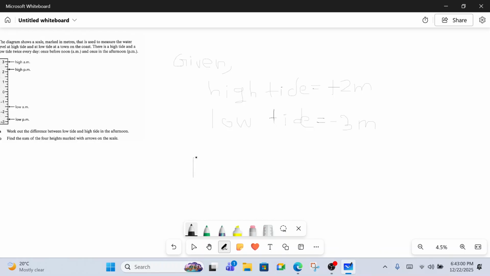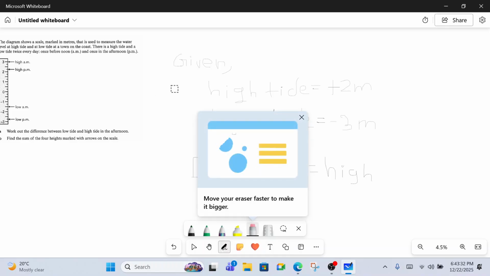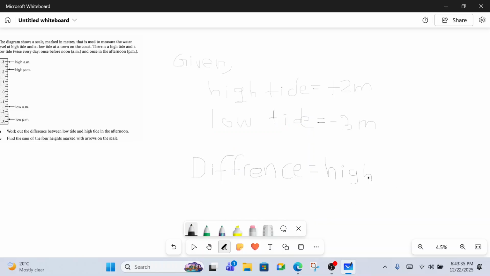Difference equals high minus low. It's already understandable, don't need to write that. Okay, so much work. High minus low.